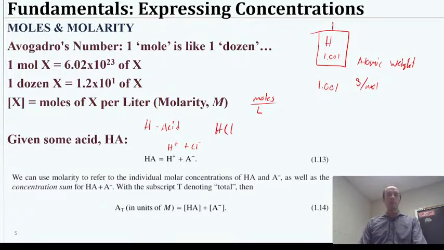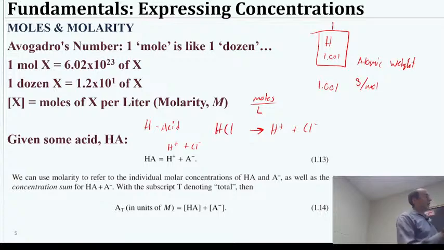Sometimes these will be equilibrium, but let's say HCl, for example, gives us the H plus and a Cl minus, and typically completely dissociates in water. So it won't really come back meaningfully to HCl.